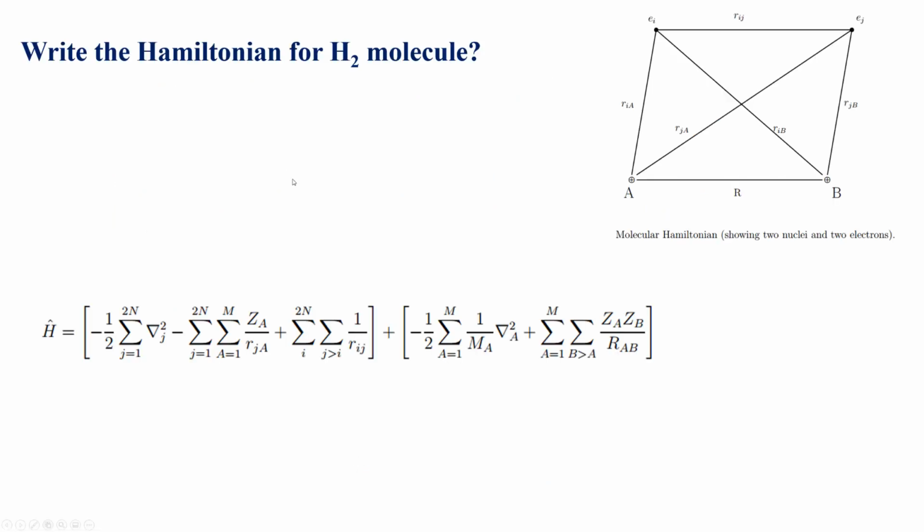In the last slide here, we have an example of writing the Hamiltonian for the H2 molecule. As you see here, we have two nuclei with two electrons. Again, we have different attractive forces and repulsions between these electrons and the nuclei.